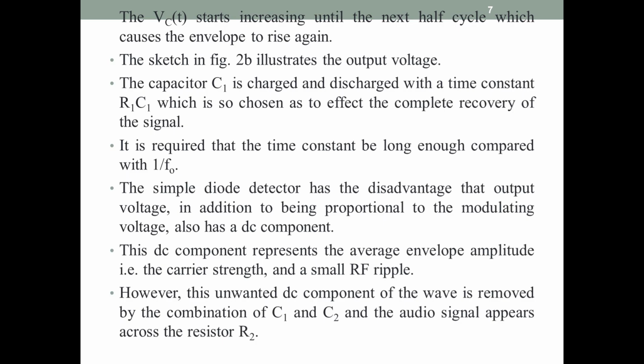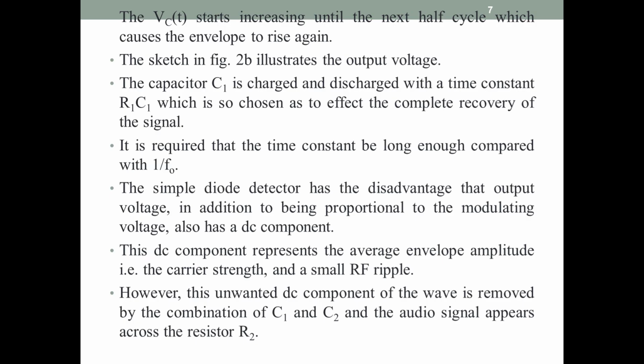The voltage starts increasing until the next half cycle, which causes the envelope to rise again. The sketch in Fig. 2B illustrates the output voltage. The capacitor C1 is charged and discharged with a time constant R1C1, which is so chosen as to effect the complete recovery of the signal.